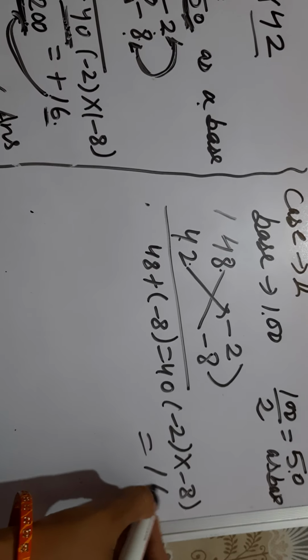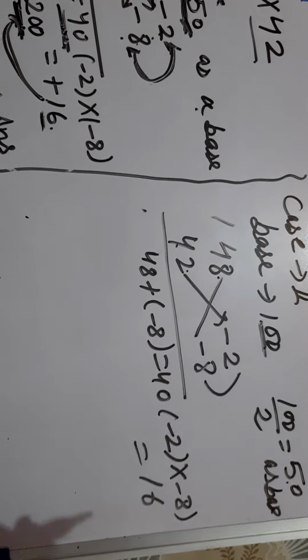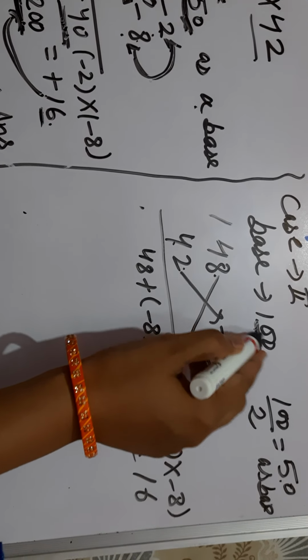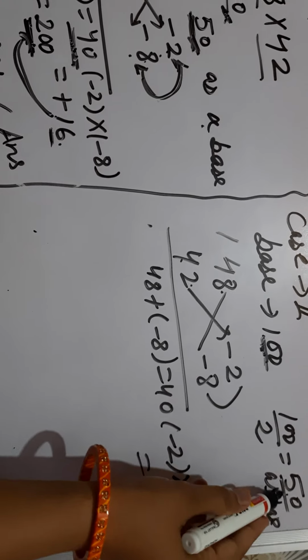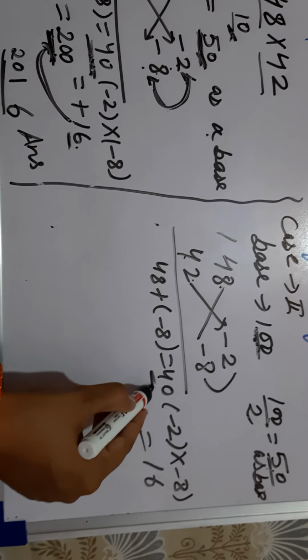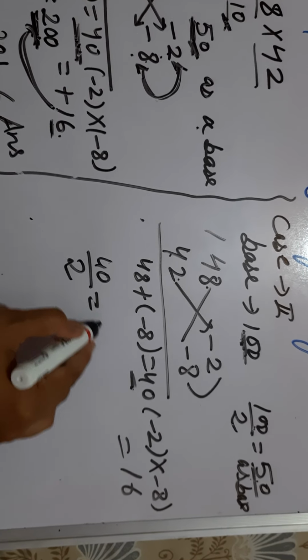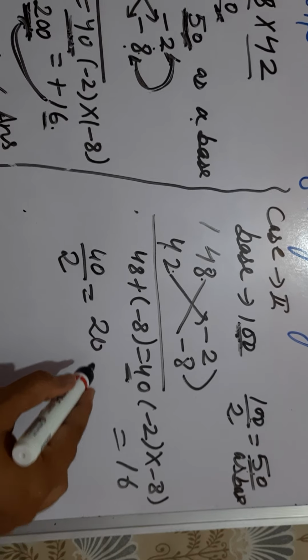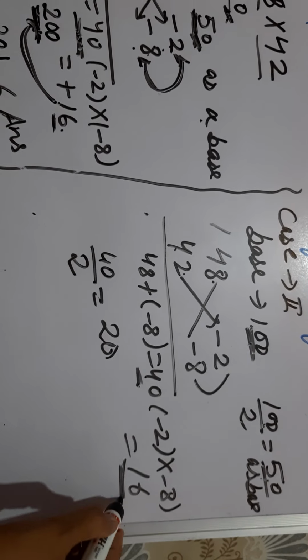What we get? 16. Here there are two zeros in the base value. Here the actual base is 100. We let this base, we divide this base by 2. So here the answer of the addition operation is divided by 2. So what we get? 20. Here two zeros in the base, so we want two digits.